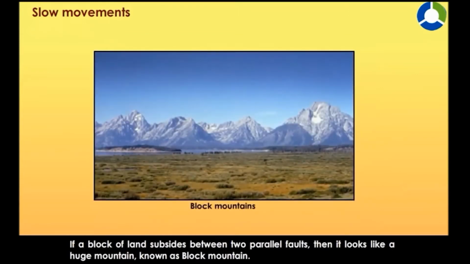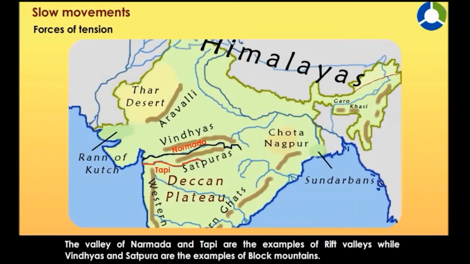If a block of land subsides between two parallel faults, then it looks like a huge mountain, known as block mountain. The valleys of Narmada and Tapi are examples of rift valleys, while Vindhyas and Satpura are examples of block mountains.